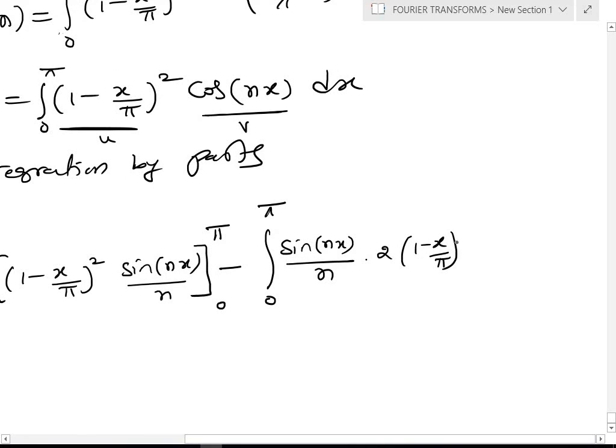Then again, inside, when I differentiate minus x by pi, I get minus 1 by pi into dx.